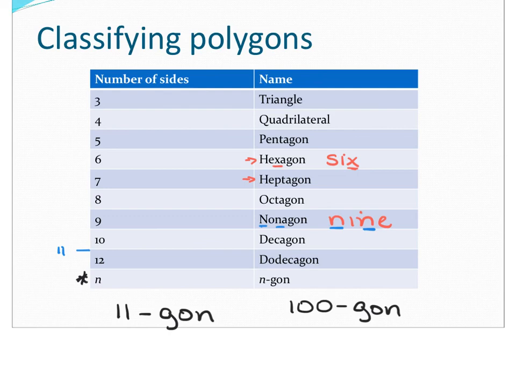So be able to recognize the names and however many sides each is associated with. The next slide, we're going to determine, is the picture a polygon? And if it is, we're going to decide, is it concave or is it convex?